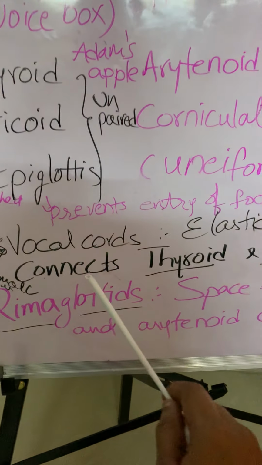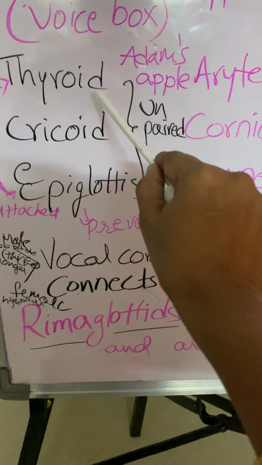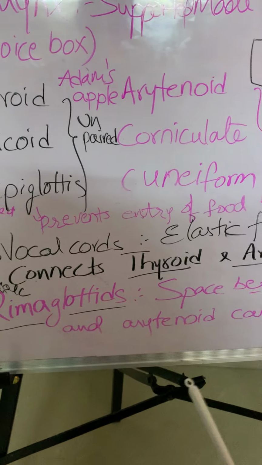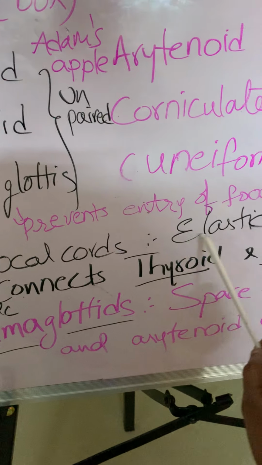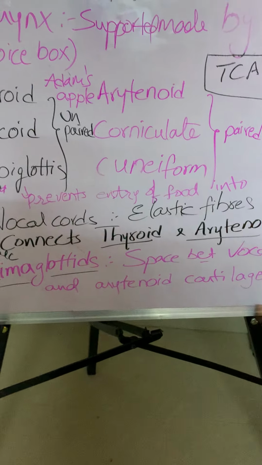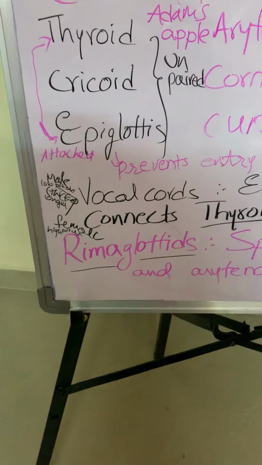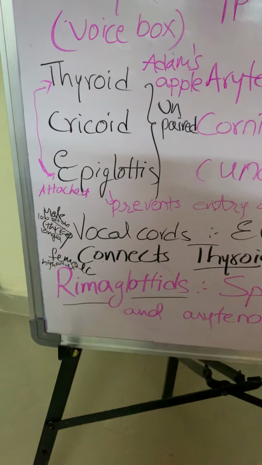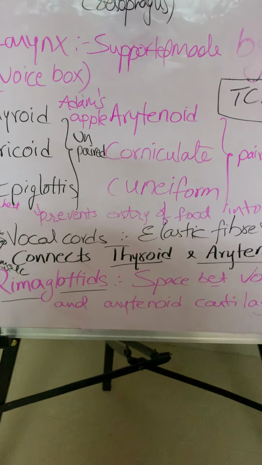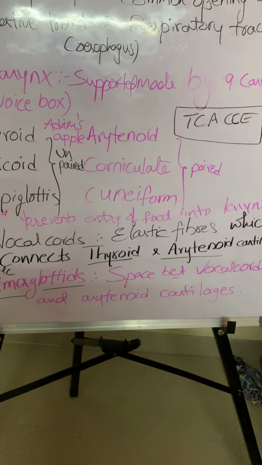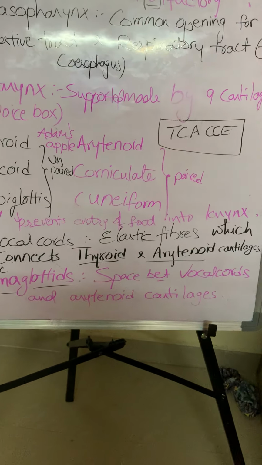Connecting the thyroid and arytenoid cartilages, a pair of yellow elastic fibers are present, and these are known as vocal cords. So vocal cords are elastic fiber structures. By the movement of these vocal cords, sound is produced.